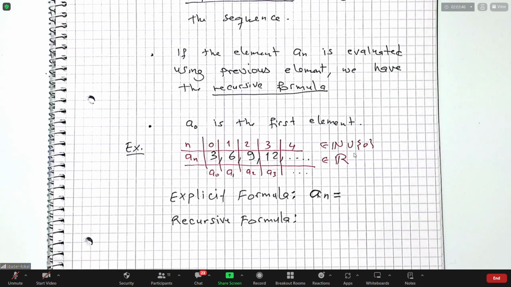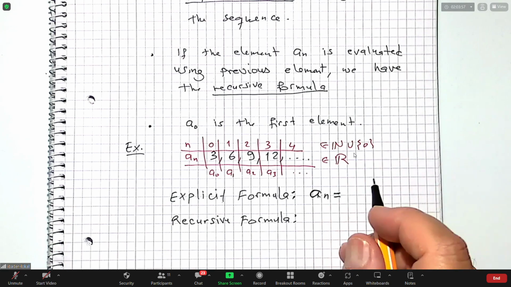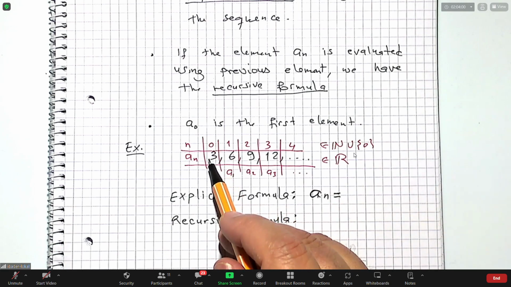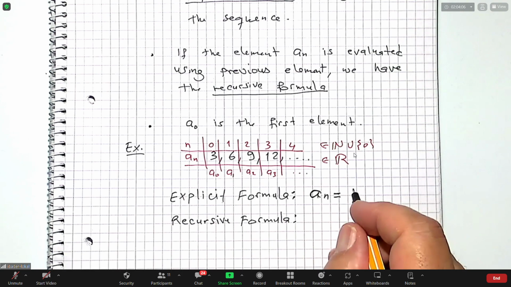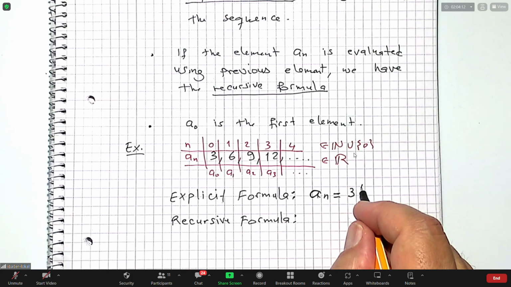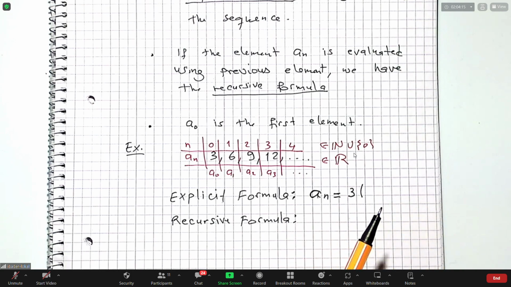Very simple one. So let's see. If we plug in 0, we will get 3. If we plug in 1, we will get 6. So here we have 3 times A plus 3n, where A is the first element. Okay, but this is true. This is the recursive form, right? Because you use the previous elements here.